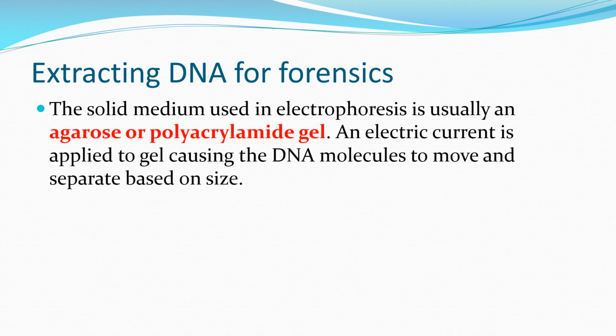What's usually used to run, quote unquote, the gel is agarose or polyacrylamide gel. Basically this gel is where you put your samples and then you apply an electric current, and the current causes the molecules to move and separate.